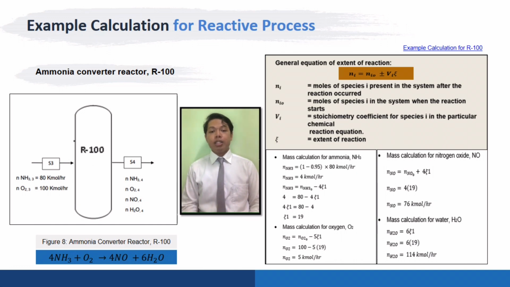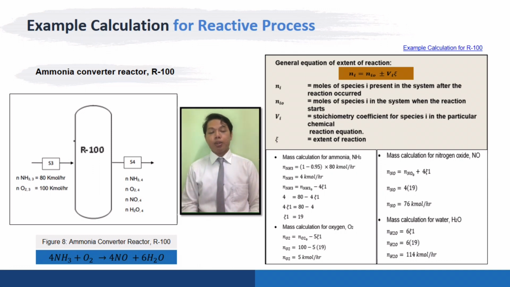The reaction occurs when ammonia reacts with oxygen, producing nitrogen oxide and also water. As mentioned before, we decided to calculate the mass balance involving reaction processes by using the extent of reaction method. The equation of the extent of reaction is Ni equals Ni naught plus or minus Vi multiplied by epsilon.